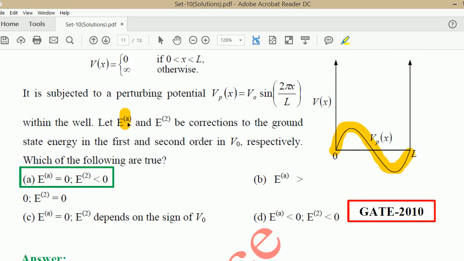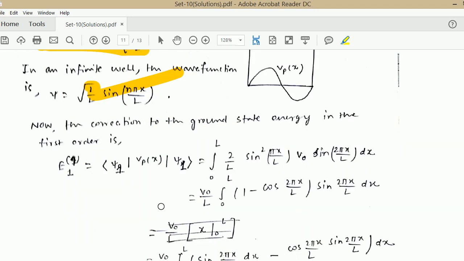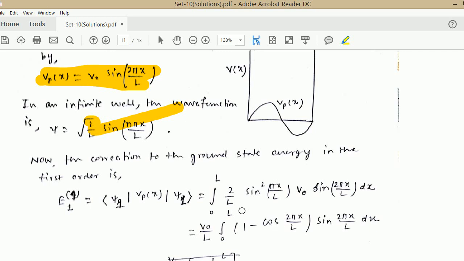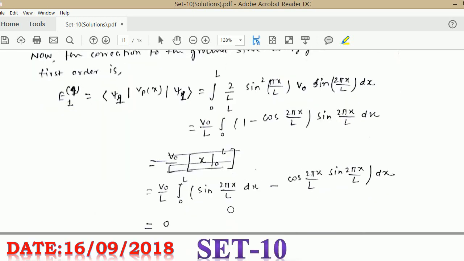E1 equals the integral from 0 to L of ψ1 Vp ψ1, that is 2/L sin²(πx/L) V0 sin(2πx/L). So it should be sin²(πx/L). Yes. So 2 sin²(πx/L) equals 1 minus cos(2πx/L). V0 by L comes outside, and the integral of sin(2πx/L) dx remains, minus cos(2πx/L) into sin(2πx/L) dx.